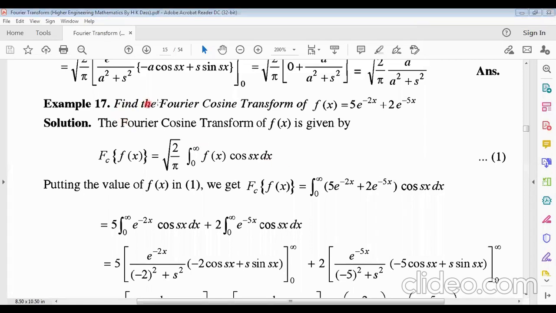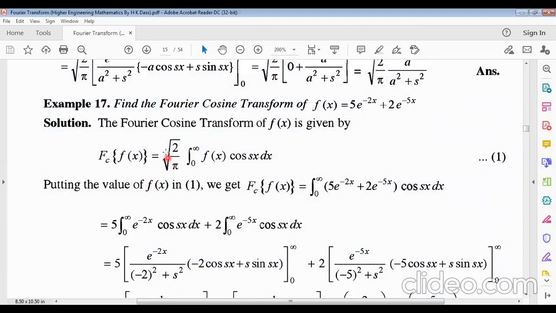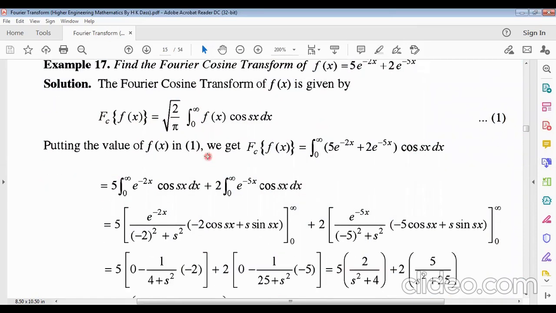Okay, now another example. Find the Fourier cosine transform of 5 into e to the power minus 2x plus 2 into e to the power minus 5x. That means here a equals 2 and here a equals 5, as in the previous examples. Now the Fourier cosine transform of f of x is given by, just using the same formula, formula number 3. Fourier cosine transform of f of x equals this. This comes from the formula.